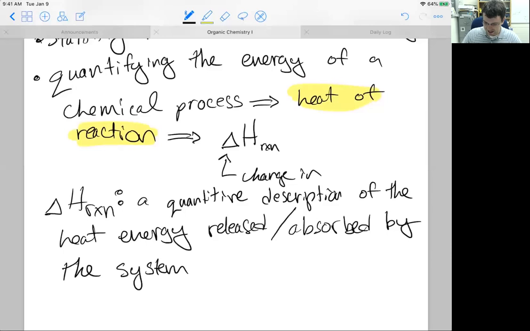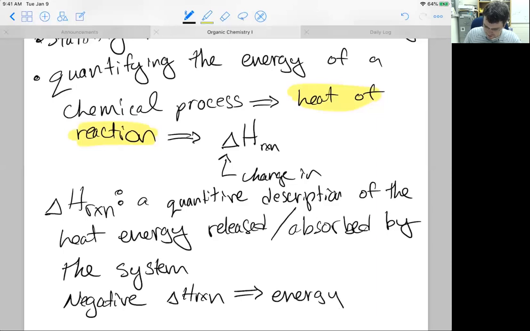mathematical signs. When energy is released, we're going to describe our system as having negative energy. So a negative delta H of reaction corresponds to energy being released. Now you might think that's silly.